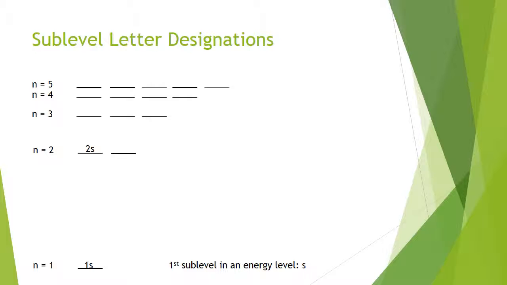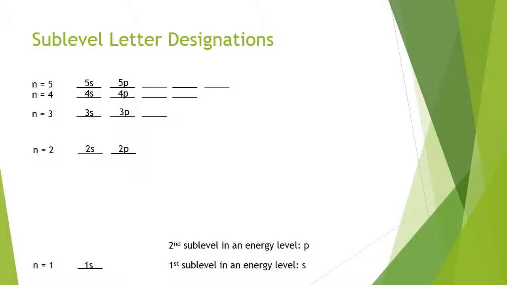We would thus have 2s, 3s, 4s, 5s, etc. If it's the first sublevel in the energy level, it's designated with an S. The second is a P. So notice there would be no 2p sublevel because there's not a second sublevel in the first energy level. The p sublevels wouldn't start until we get to the second energy level. So that would be designated 2p, and then we have 3p, 4p, 5p, etc.